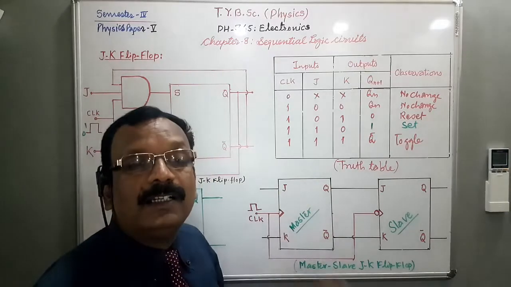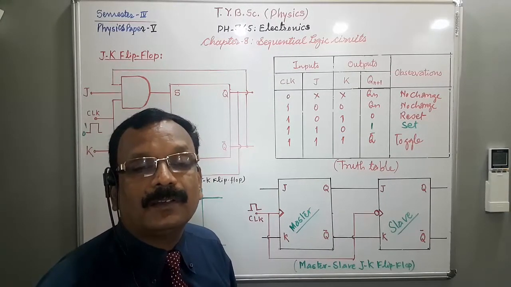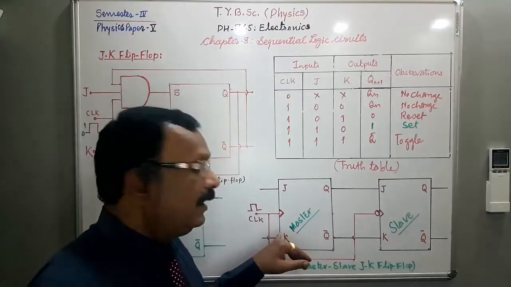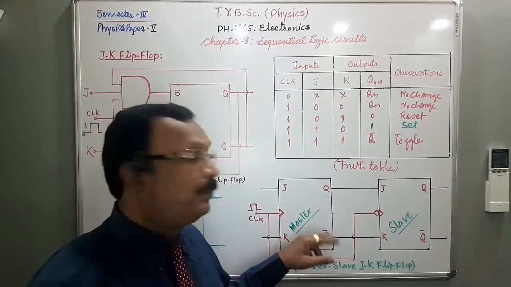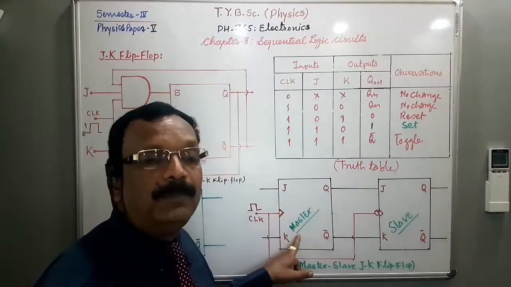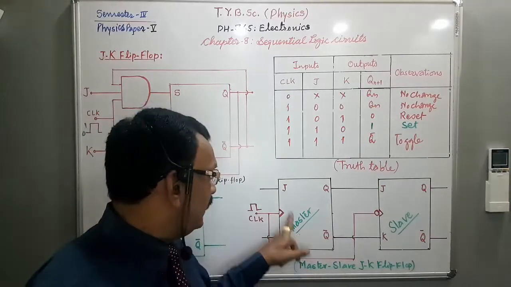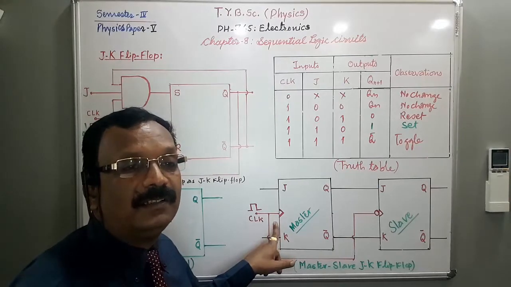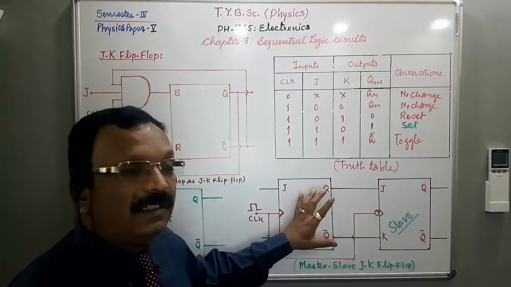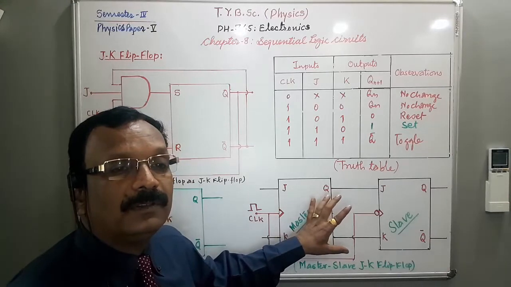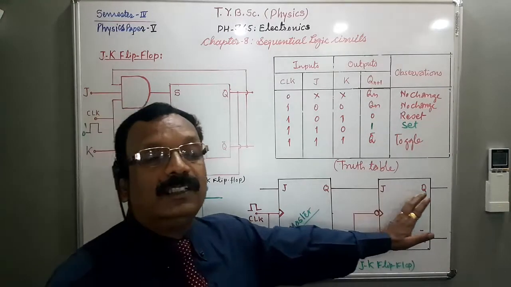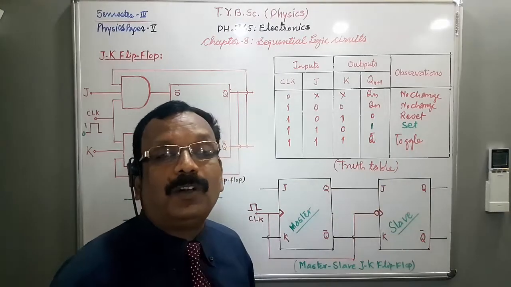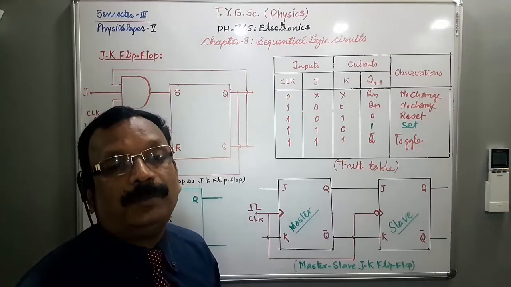Either set or reset. So the master flip flop is determined by the J and K inputs on the positive clock edge, and the output of this master flip flop is served as an input for the slave flip flop.